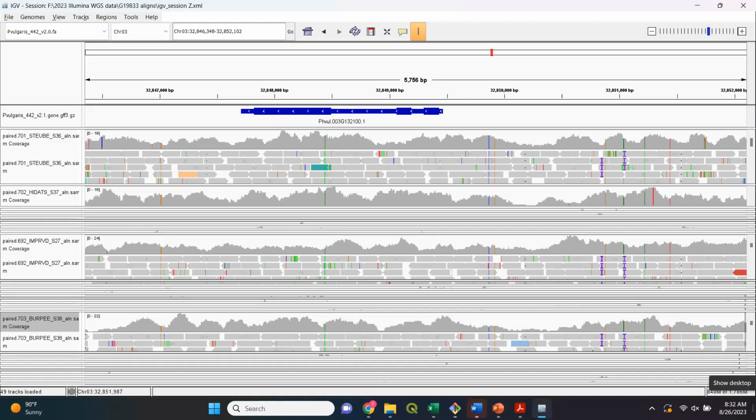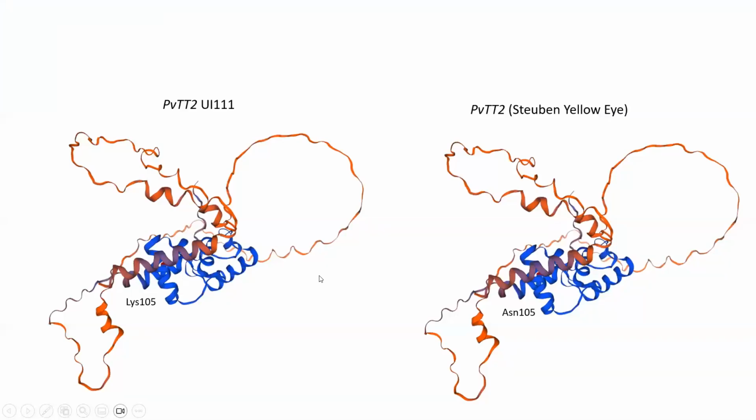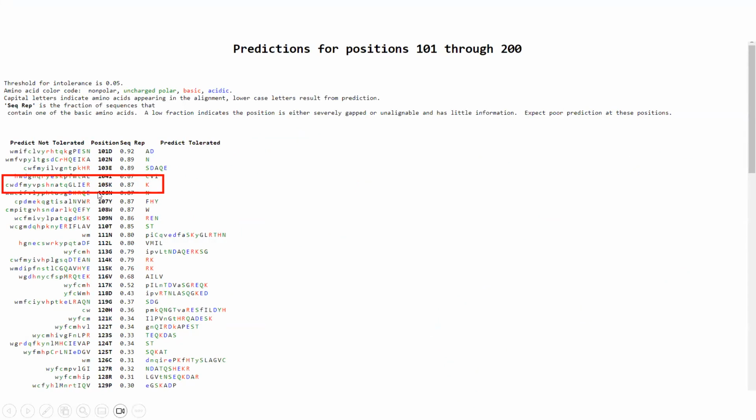And so we looked at the materials at that locus, and we did see this L105K mutation, so non-synonymous substitution, which was pretty common, especially in those white patched lines. And this is not predicted to be tolerated.